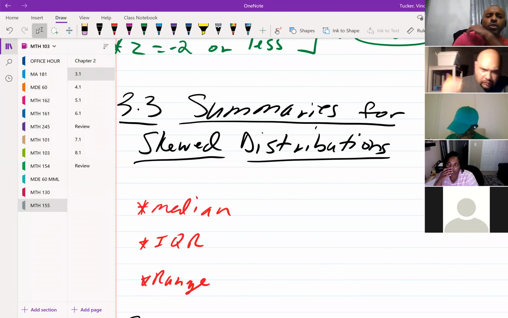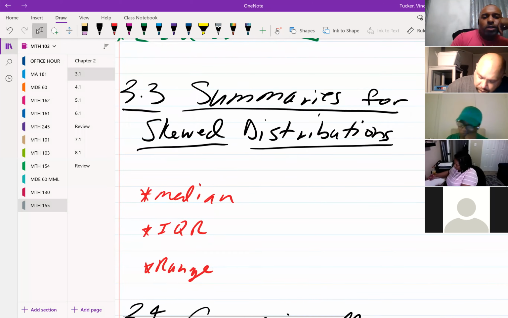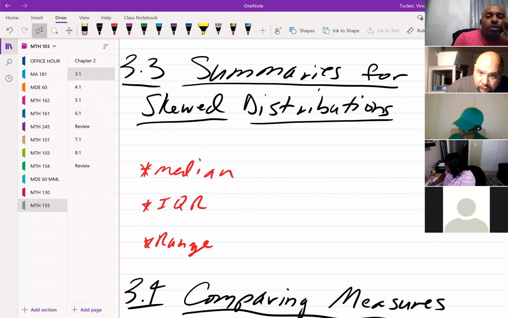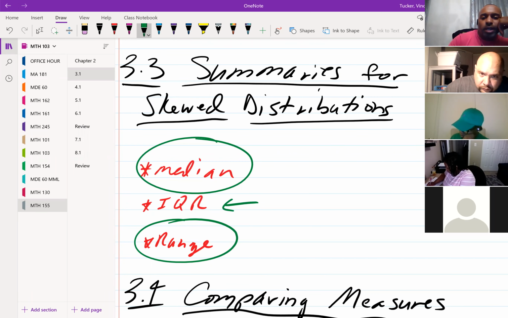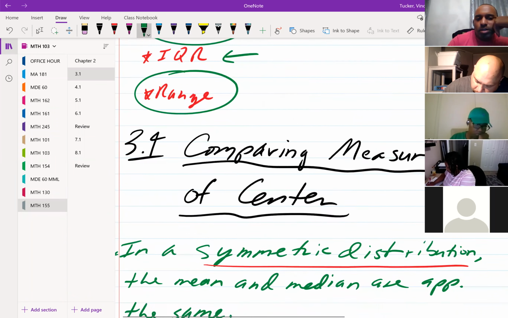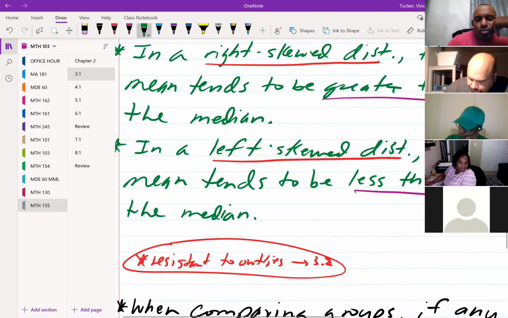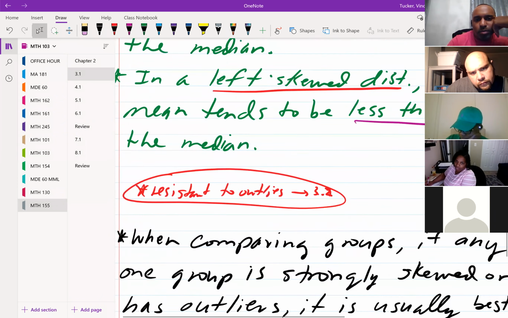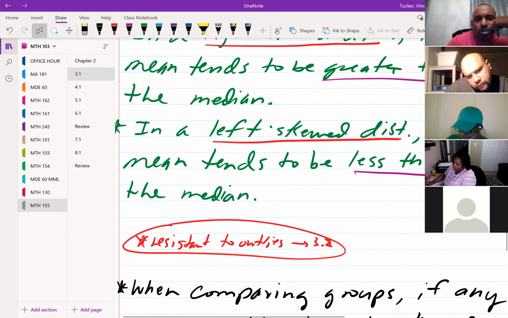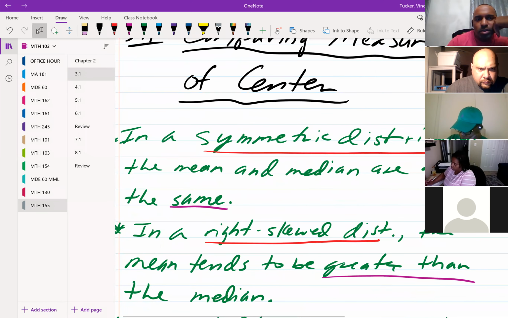Okay, so 3.3, summaries of skewed distributions. We've already done the median and we've already done the range. And so we're going to talk about the IQR. I know we're going to do it in 3.5, but we want to talk about it before then. Compare measures of center.